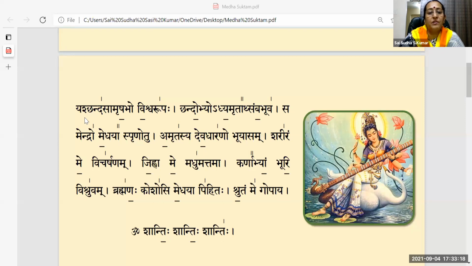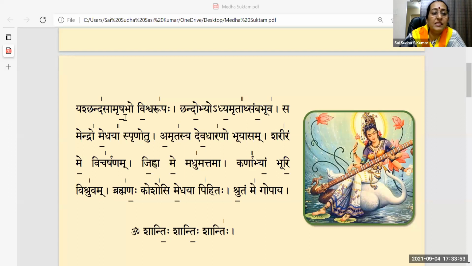Pronunciation is very important, as we have already seen in Ganapati Prarthana and Ganapati Atharva Shirsham, which was taken up. So again, to see this Medha Sukta. Here it is Yash Cha, Cha is Mahapran. Then half na, and then sa mr sha bho. Here sha is sha, it is not sha.